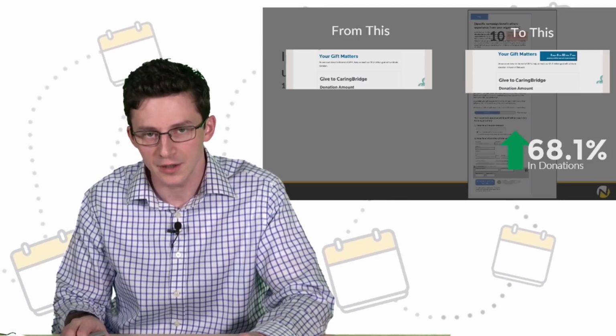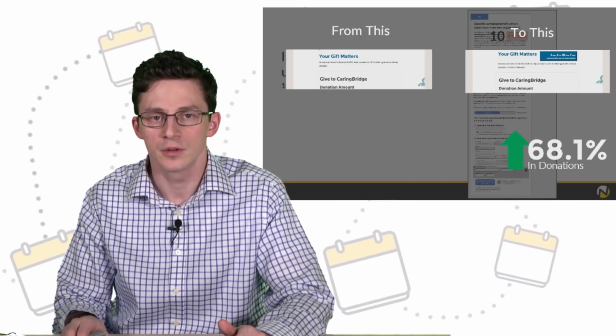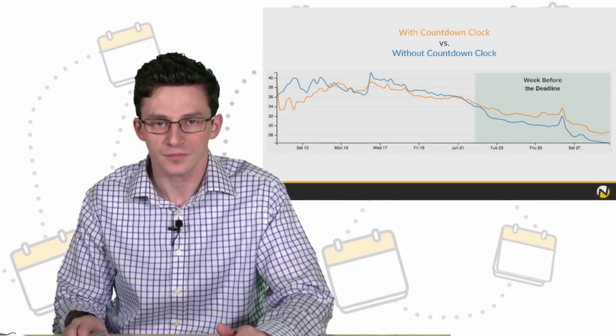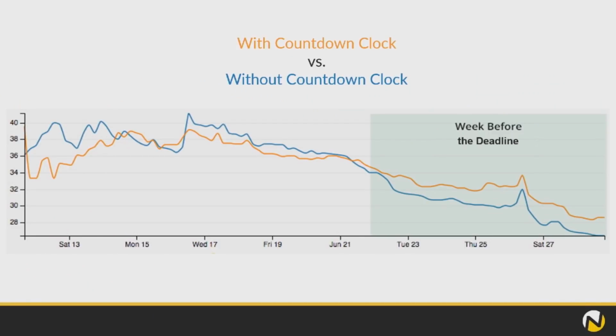But there's something that it's really important for you to know. This is something that will only help you in the final days. Take a look. Here's an actual data poll. If you look at the orange line, that represents a treatment with a countdown clock, okay? If you look at the blue line, that is without. Look what happens. They're crisscrossing back and forth. There's no real difference, no real winner constantly.